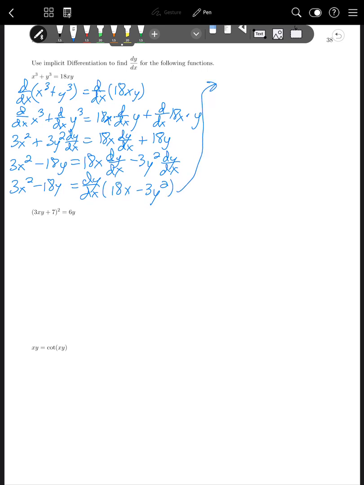And then divide both sides by 18x minus 3y squared. So dy dx equals 3x squared minus 18y over 18x minus 3y squared. Okay, so there's the first one. Second one.